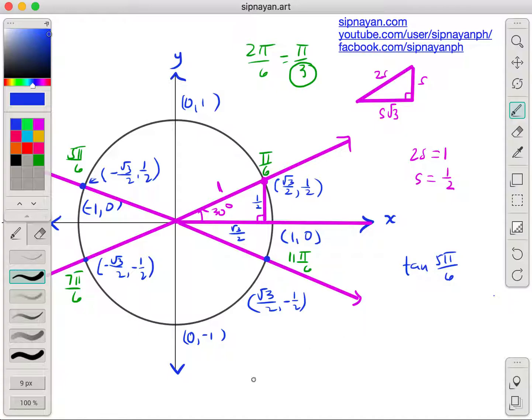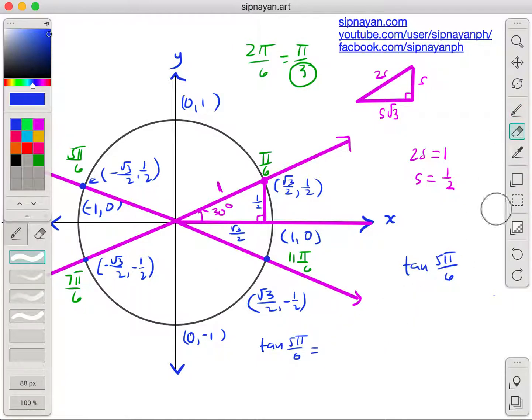So, ang tangent 5 pi over 6 ay, anong tangent? Sine over cosine theta, di ba? Sine theta over cosine theta. Dito ang sine natin, di ba, yung y, tapos yung cosine natin yung x.